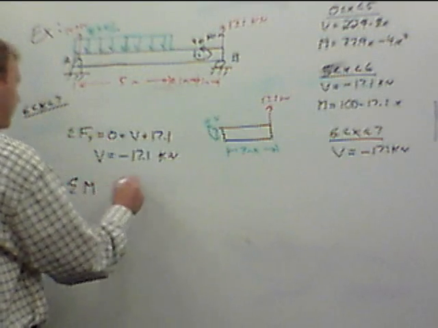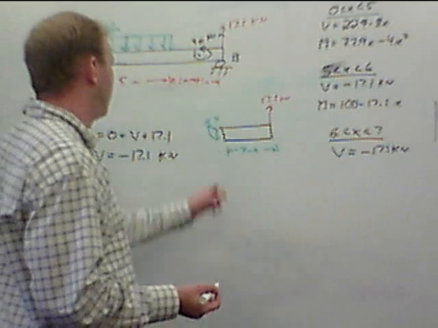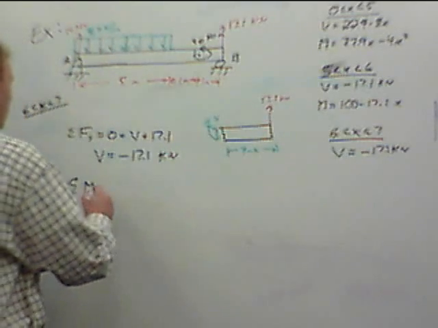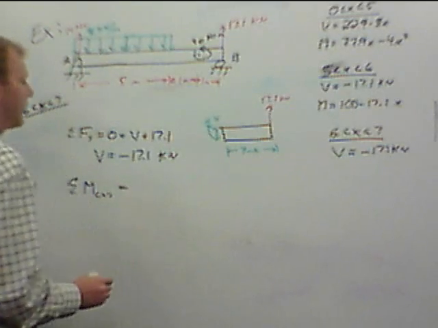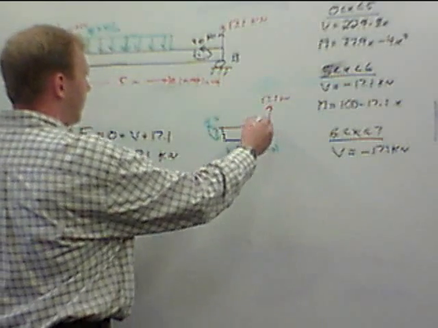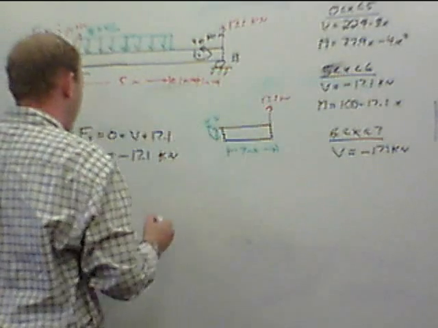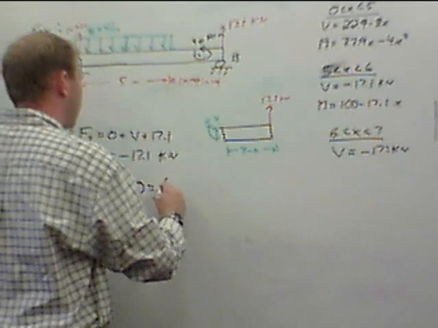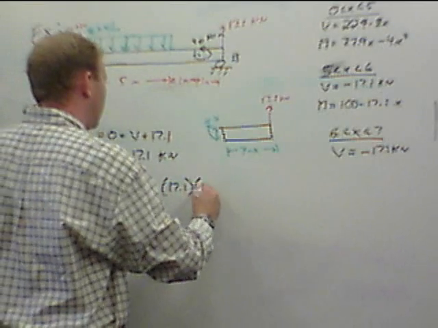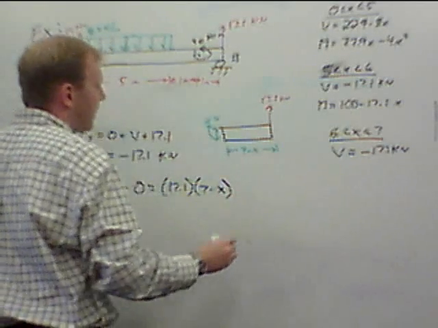Summation of moment. Okay, I'll take moment about the cut, that makes it easier, is equal to, well, we have 17.1 going counterclockwise, so that's positive 17.1 times 7 minus x.